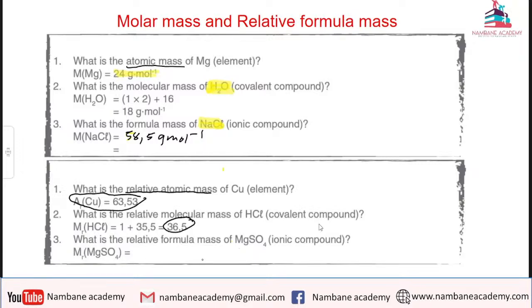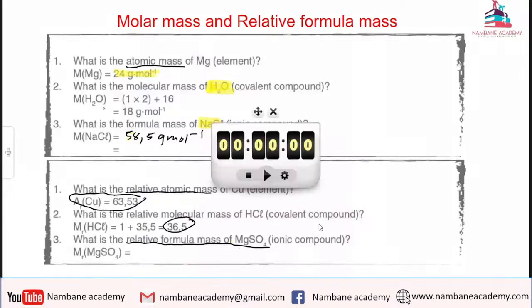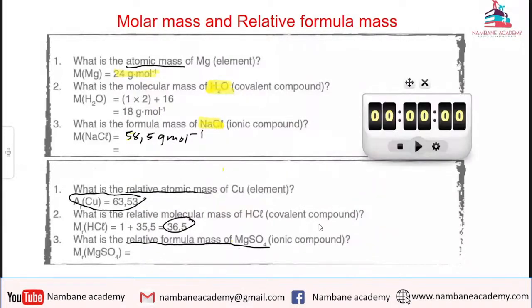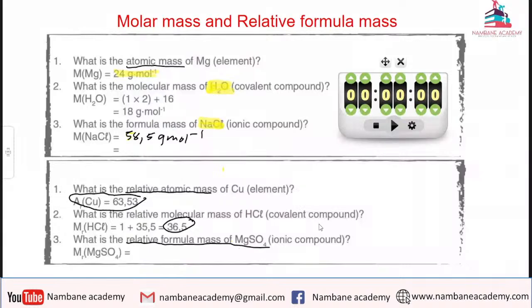That is the reason why our answers are like that. But now I'm going to give you a minute or so for you to calculate the relative formula mass for MgSO4. MgSO4, that will be now our activity number 1. What you do, you just type in the answer that you got and we will confirm with what I have. Just a minute for you to do MgSO4.